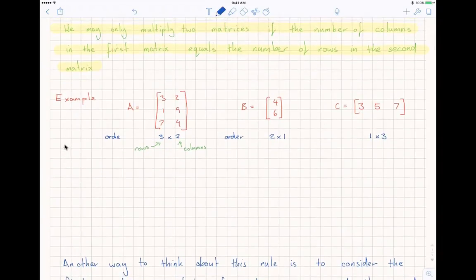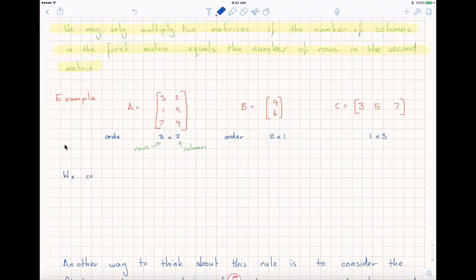So again, our rule says that we can only multiply two matrices if the number of columns in the first matrix is equal to the number of rows in the second matrix. So let's have a look at matrices we can multiply.